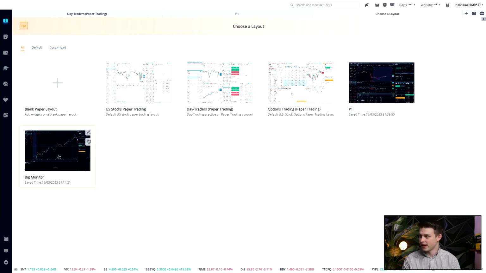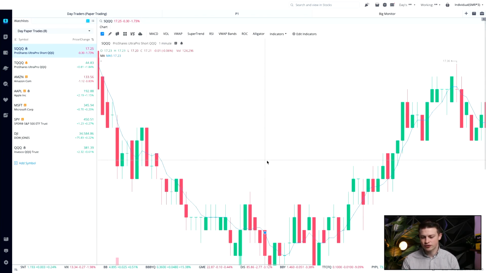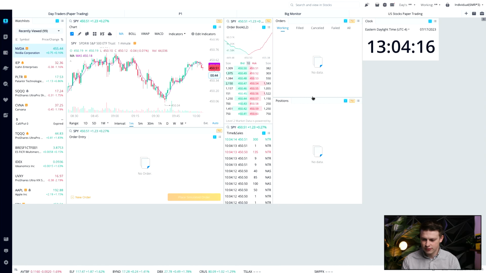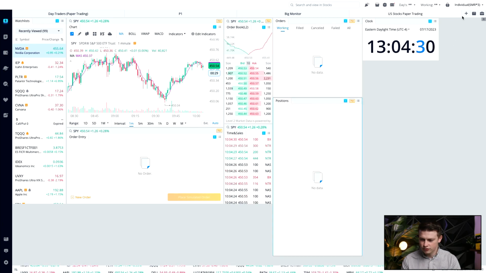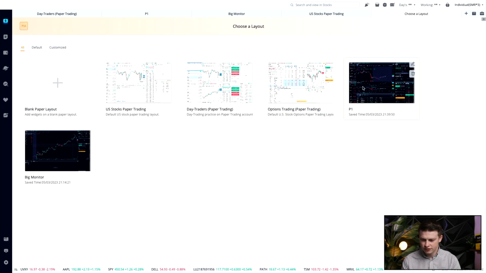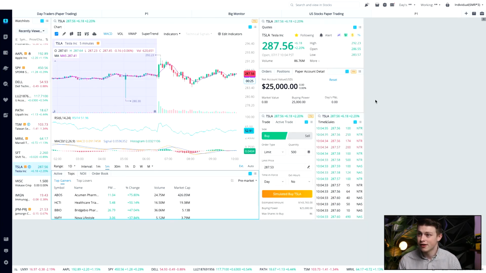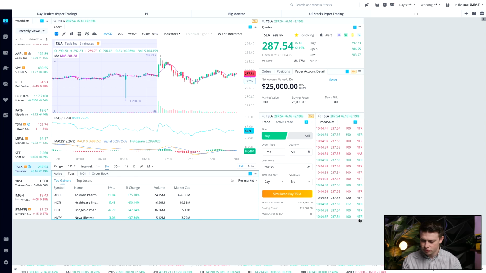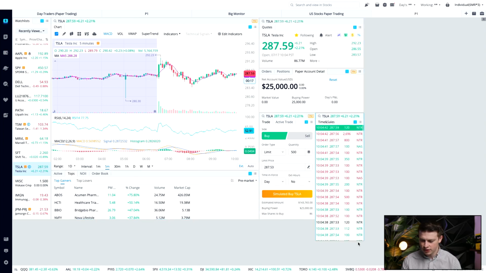And when I want to hook up to my big monitor to trade, it's fully customizable. So I could take this section and move it around, right? Let's go to P1, which is kind of fun for me. I like this layout. And if I were blown up on a larger screen, I'm just showing you today, so I'm not on my big monitor.